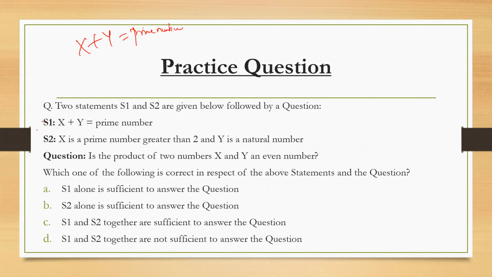When I am combining both of them together, I am saying x is a prime number which is greater than 2. That means what? What will be the nature of x? If x is a prime number which is greater than 2, what will be the nature of x? Will it be odd or even? Yes, exactly right. It will be odd.